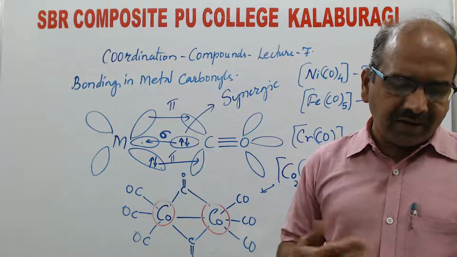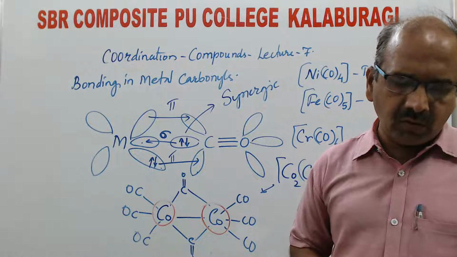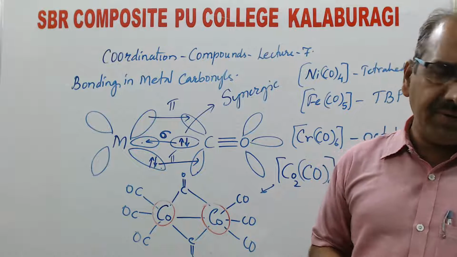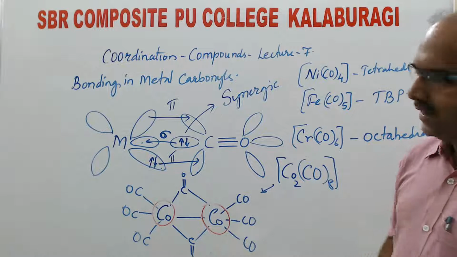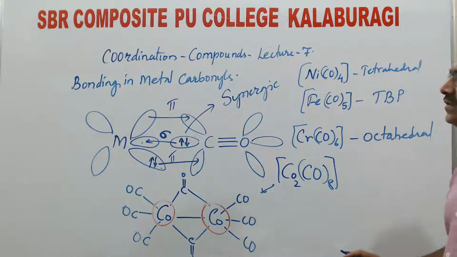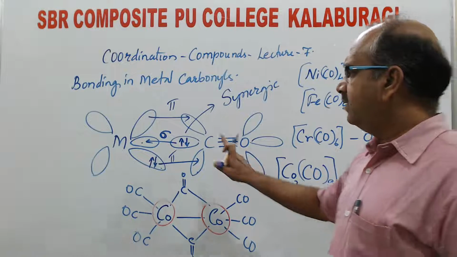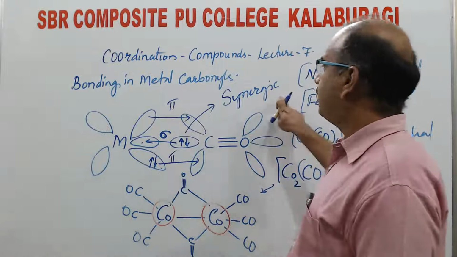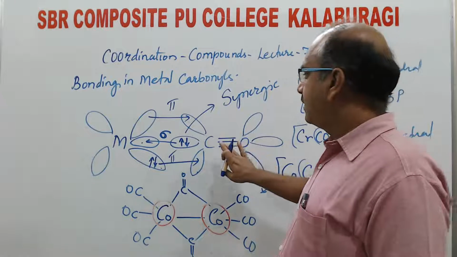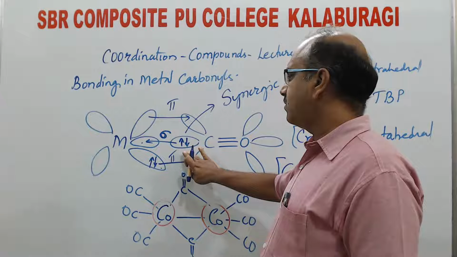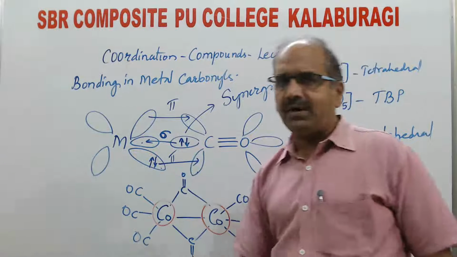Even Mn2(CO)10 will get a similar structure. So this is regarding the bonding in metal carbonyls. This is important: synergic bonding. In carbonyls, carbon donates electrons to the vacant orbitals of the metal.